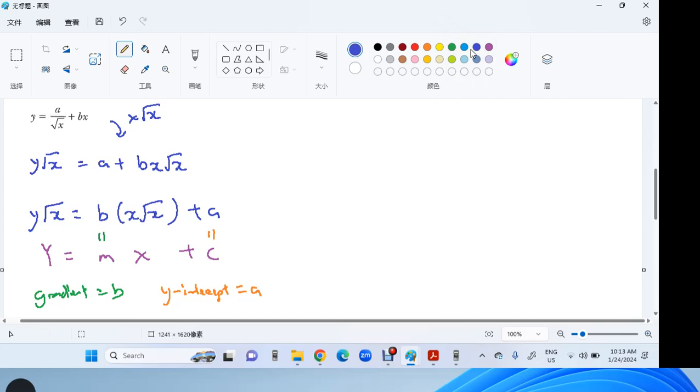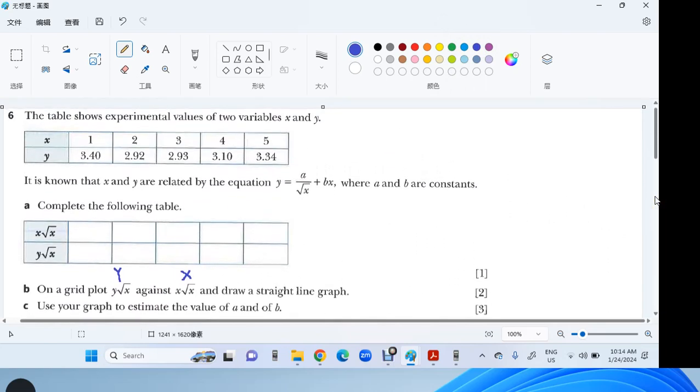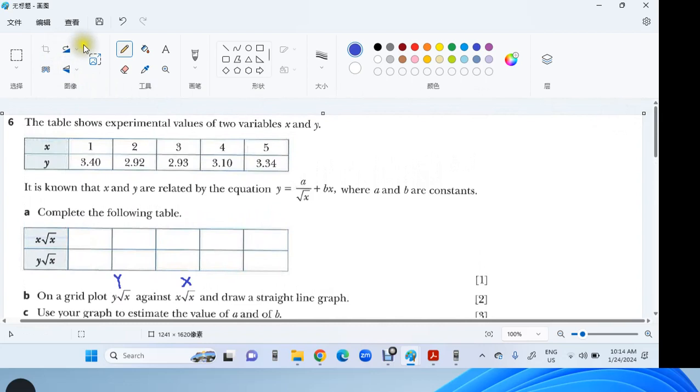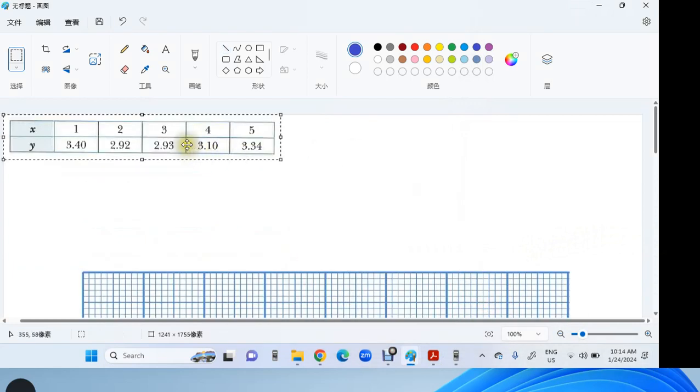So we have the linear form. Over here they want us to have the x square root x and the y square root x. So we can go to this graph paper here.